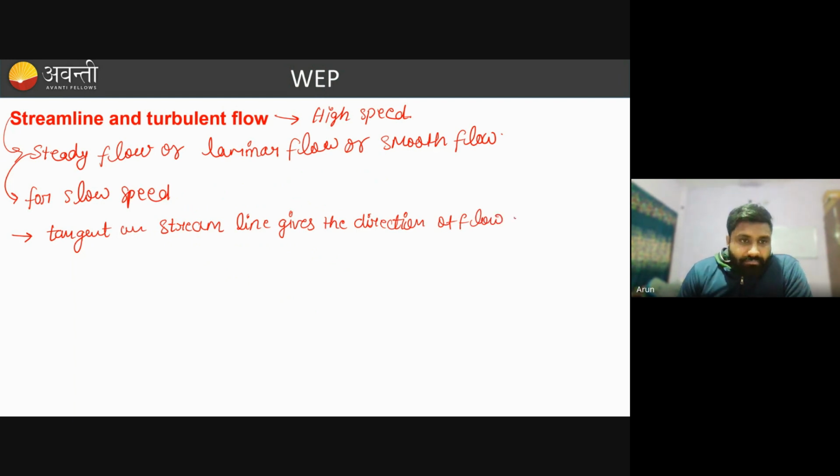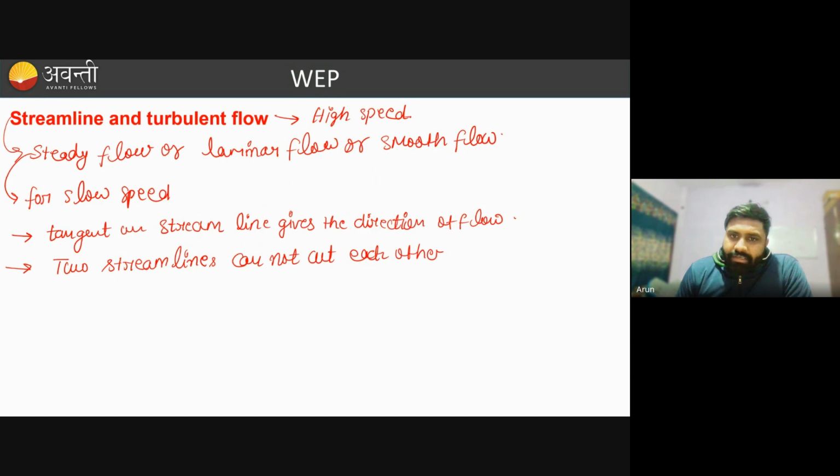Got it? Then the second property: two streamlines cannot cut each other.